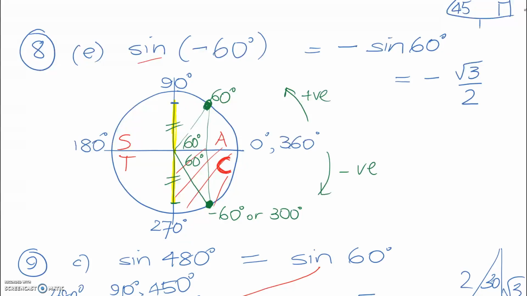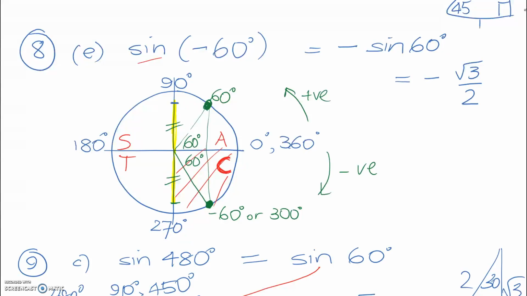What's the one back in the first quadrant that's got the symmetrical properties? It is 60 degrees, and you can see that by the diagram. Now if I want sine, I'm talking about its y value, and you can see that I've indicated the y values of 60 and minus 60 with those little yellow lines there.